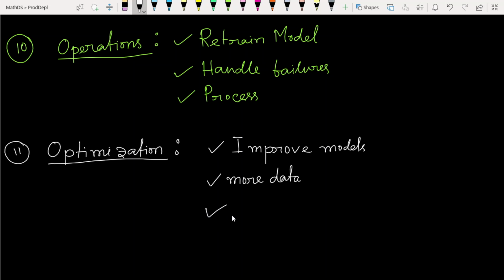How to apply more features to our models, to get more accurate results. And obviously, how we will optimize our code so that it takes a minimum number of resources and minimizes the cost of production.